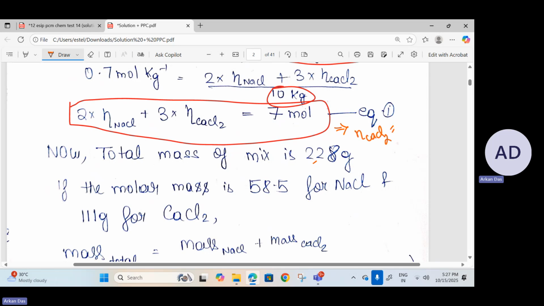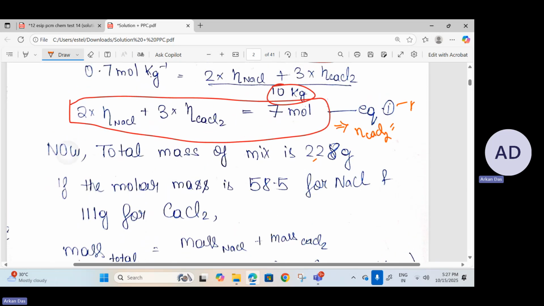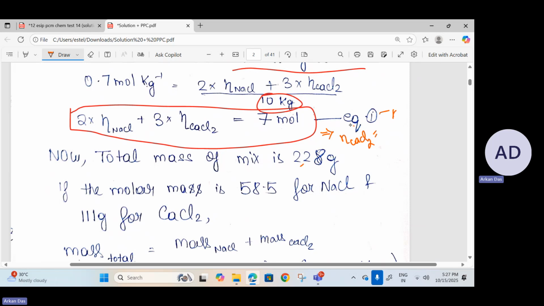It will be 7 divided by 2 into NaCl, because it will come down and then we can continue with it, right? So henceforth, we can easily find the number of moles of CaCl2 from here.